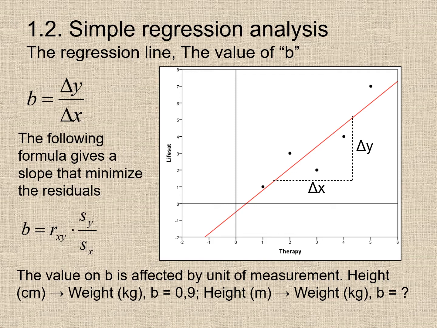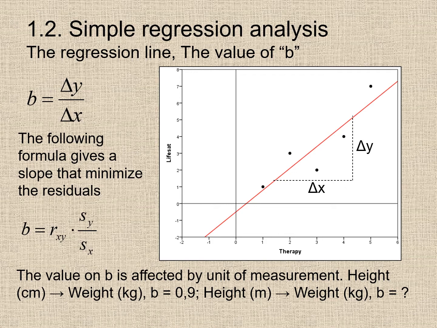If I take the exact same data, but I change height from centimeters to meters. So I predict weight in kilos from height in meters. What non-standardized regression coefficient do we get? 90.